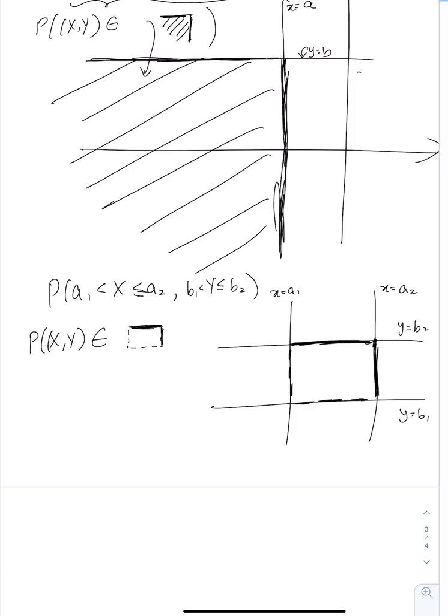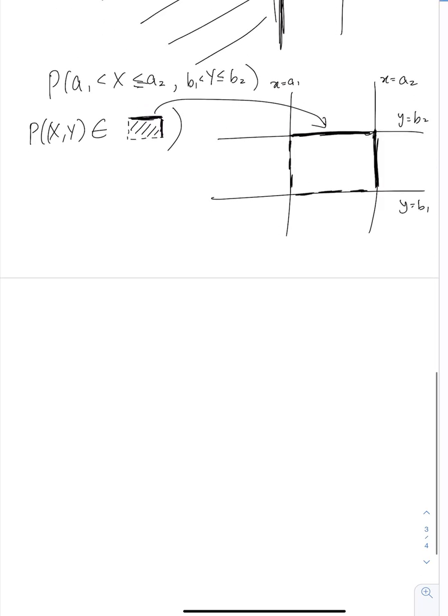So I've included the boundary on the top and the right, but not the left and the bottom. You want the probability that x comma y is in this set. Okay, this corresponding to this region. Well, you can just do it like you do inclusion, exclusion. And I'm going to draw 4 pictures.